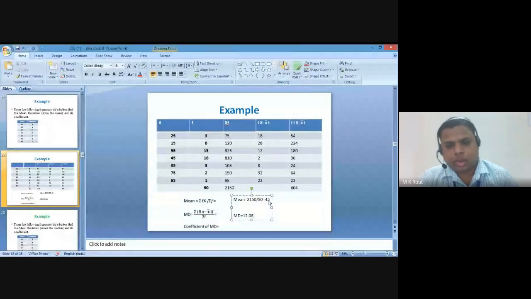Is it clear to all? Then calculate the coefficient of mean deviation. The formula is already given: mean deviation divided by x bar into 100. How much?